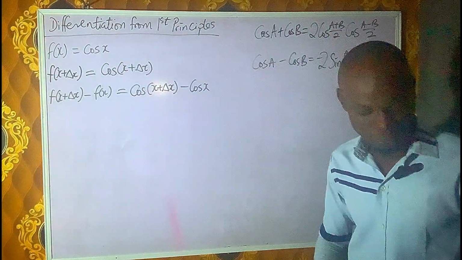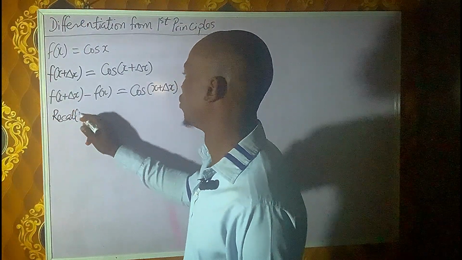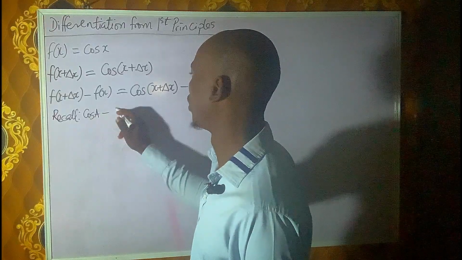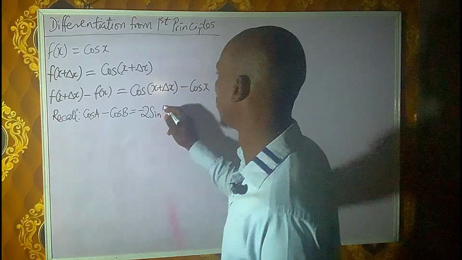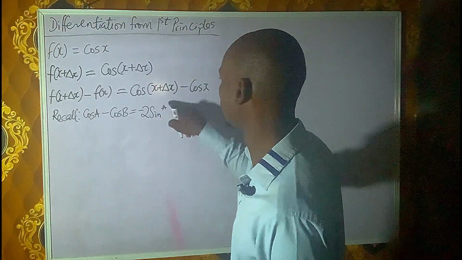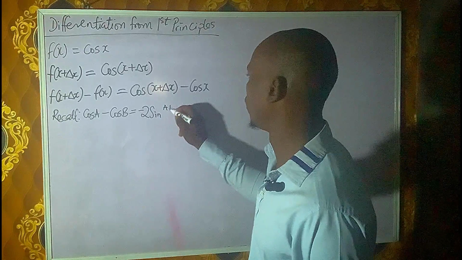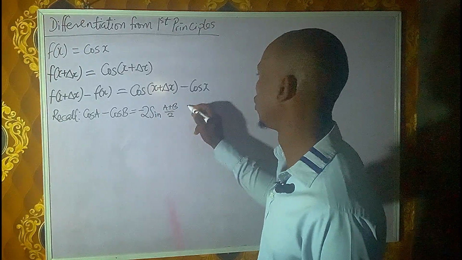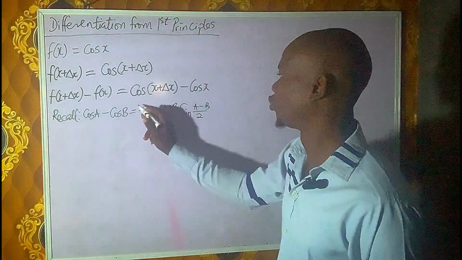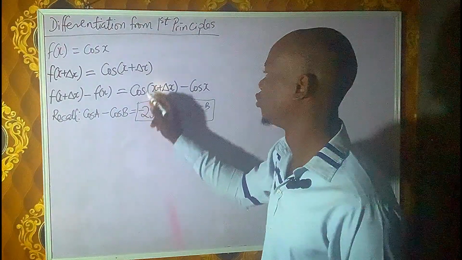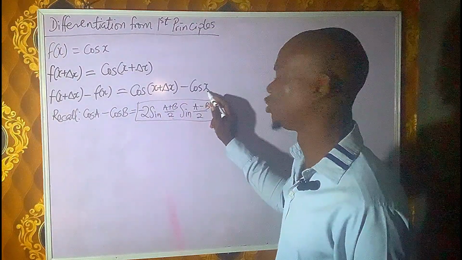So let's go back to the question. To move on with the question, we are now going to recall that cos A minus cos B is equal to minus 2 sine of (A plus B) over 2 times sine of (A minus B) over 2. So remember to replace. My A will be x plus change in x, while my B will be just x.